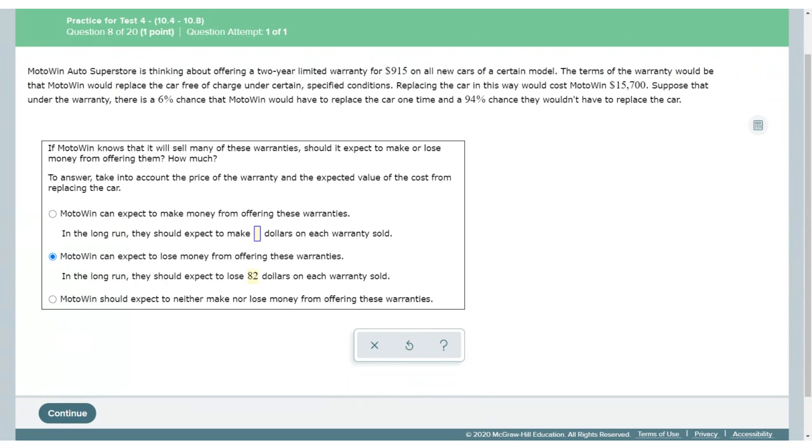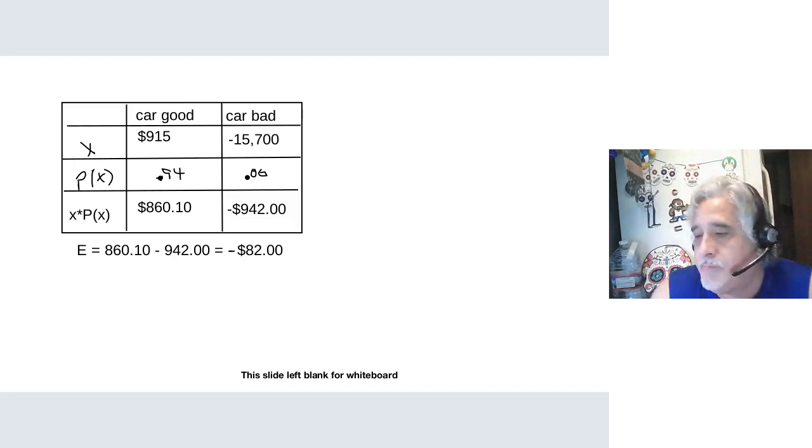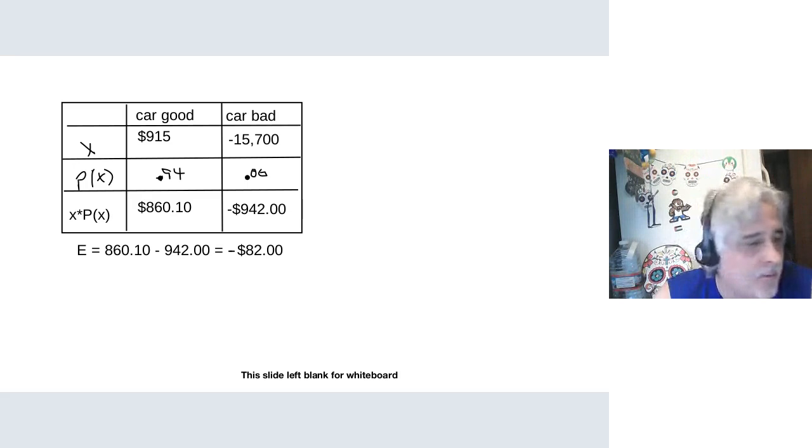Okay. So negative $82 means that it's a loss. All right. Are we rounding it? Well, there was nothing around. It was just 82, wasn't it? 81.9. Oh, it was? I must have made the calculation wrong. Let me do it again. Oh, you're right. 10 cents. I'm sorry. So it's 860.1 minus 942.